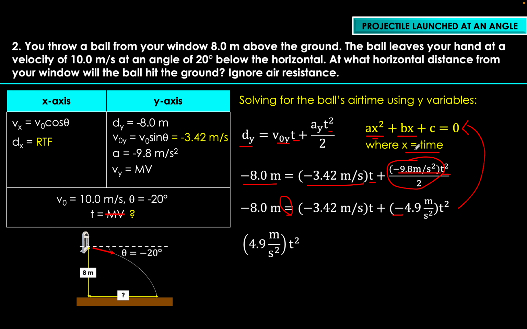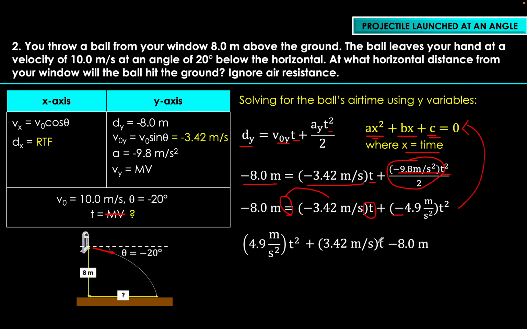Next, bx. That would be the one with time, because x is represented by time. Again, you transpose this to the left side of the equation, so it becomes positive 3.42 meters per second times time. And lastly, we have the c. It's the variable which does not go beside any time variable, so that would be the 8.0 meters in our equation.